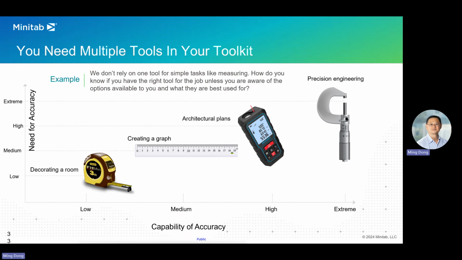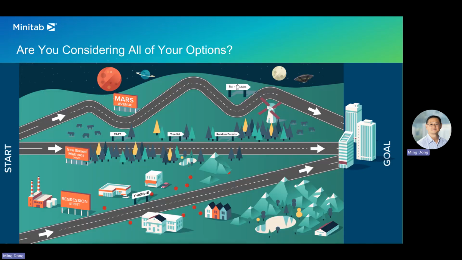So same thing, when we talk about data analytics, we also need multiple tools because you don't know which tool is going to fit your data in a different situation. That's why we have CART, TreeNet, Random Forest, Regression, and MARS. These are different algorithms.